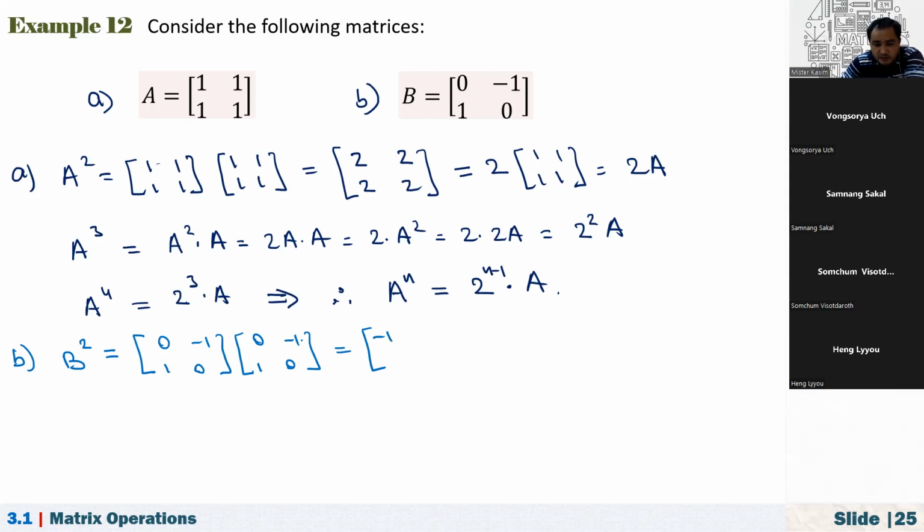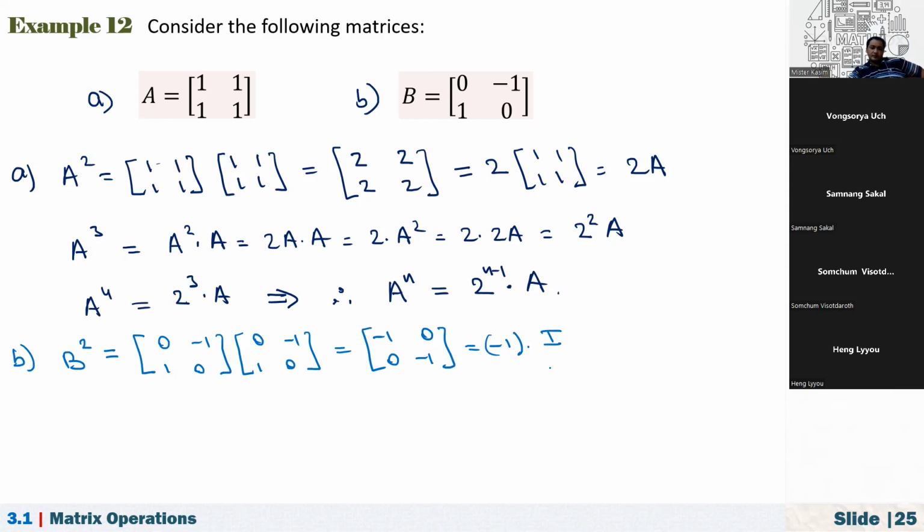Second column, 0 times -1, 0, plus -1 times 0, it is 0. Now second row, 1 times 0 plus 0 times 1, it is 0. And 1 times -1 plus 0, it is -1. So here we have -1 times 1, 0, 0, 1. That's our identity matrix, right?